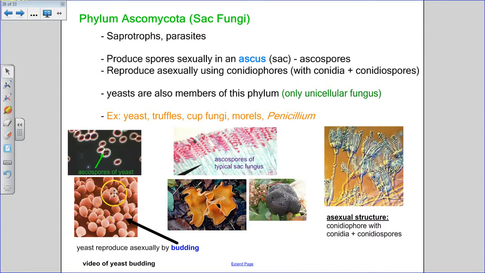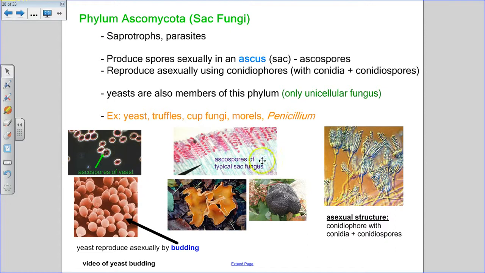Yeast, the only unicellular fungus, is a member of the sac fungi. The ascospore here, this is the ascospore here. So it's a single ascus with the ascospores inside of it. Sorry, the ascus is the sac. It's a singular sac, and then it has 4 ascospores inside of each one.